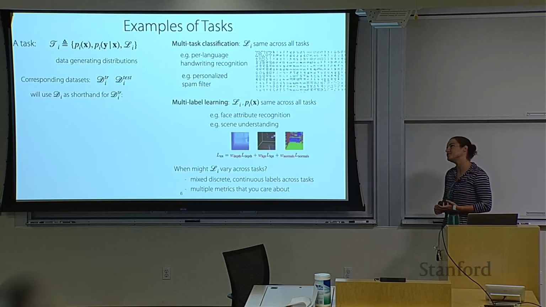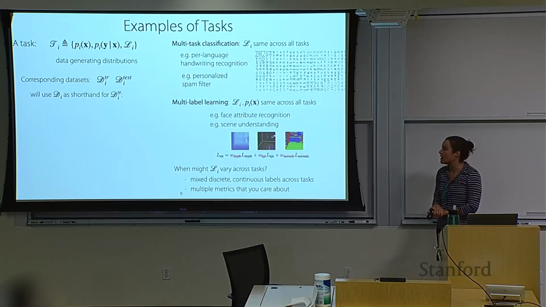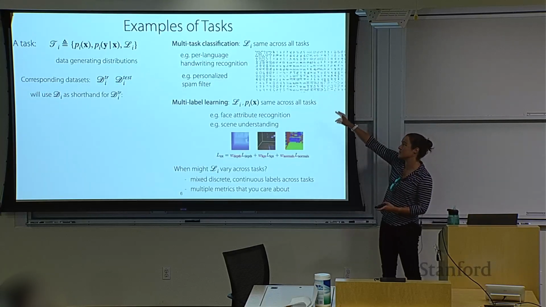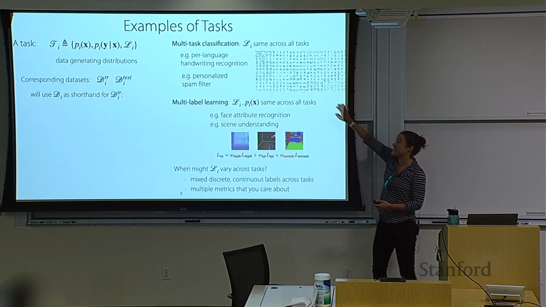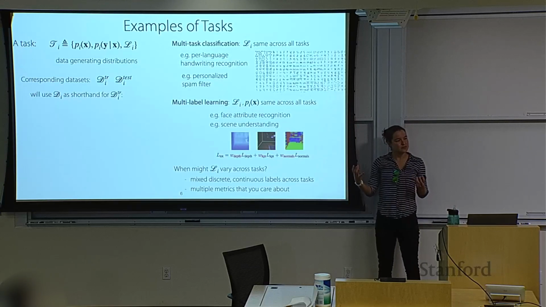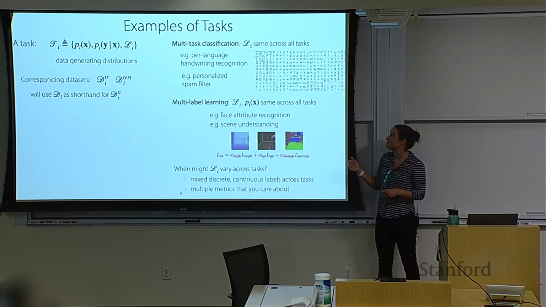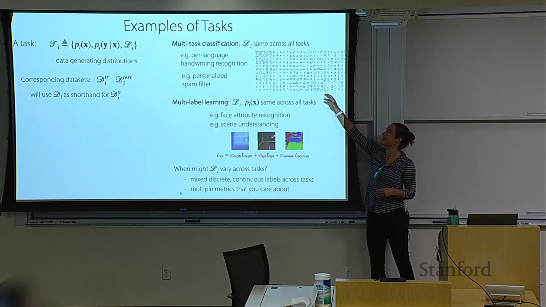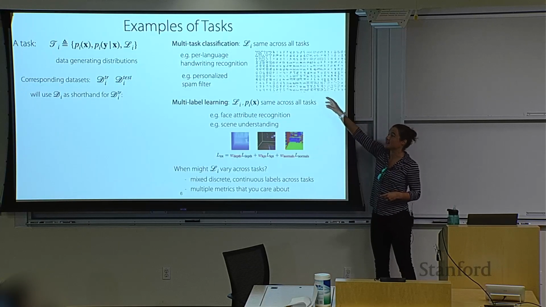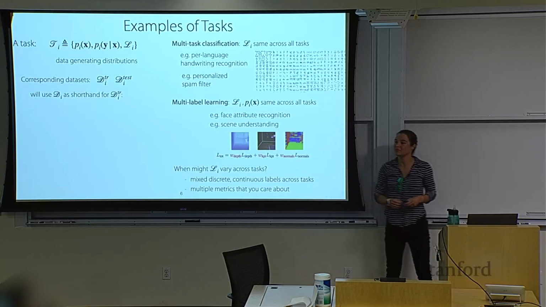We'll come back to what structure is when we get to some of the Bayesian perspective on it. But as one example, you could imagine something like per-language handwriting recognition. These tasks intuitively have a lot of shared structure, in the sense that recognizing characters is implicitly about recognizing the shape of the handwriting.